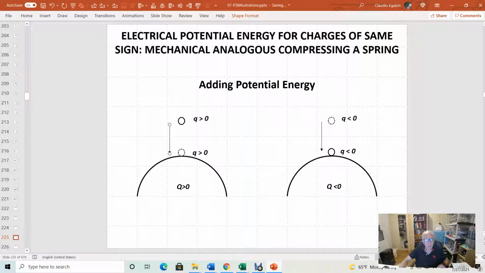Here you go. The arrow is going to move upwards. I don't have to move the charge. The charge goes on its own naturally. Subtracting, let's not say adding, reducing, right? It's better to put reducing potential energy.